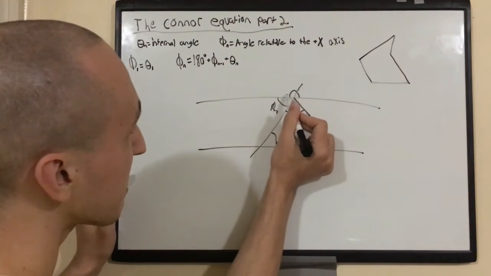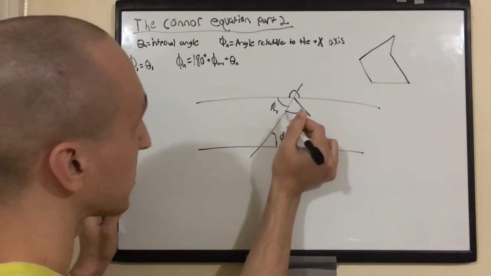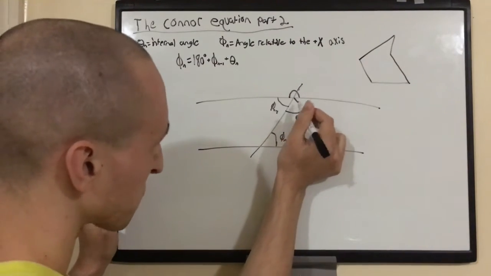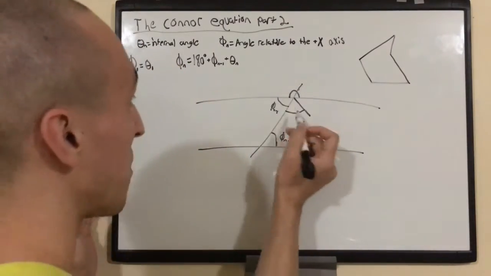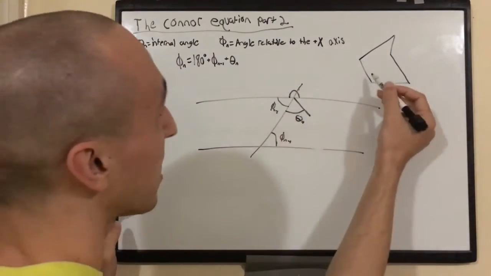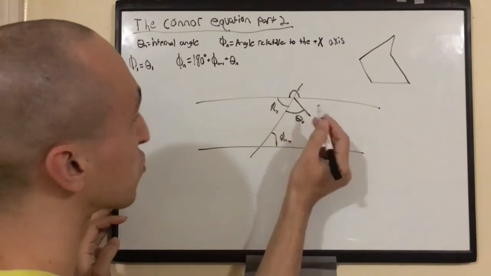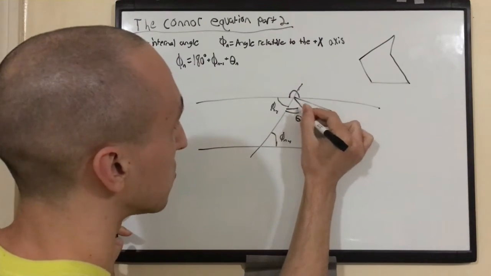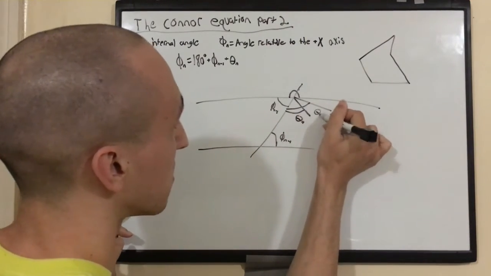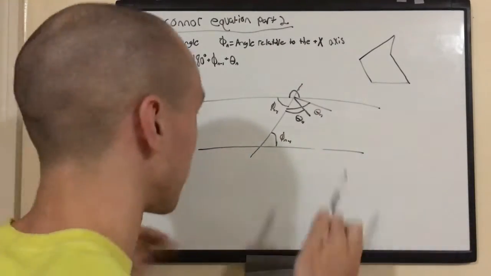Once you get to the line, this would be like SL, K minus 1, then theta, the interior angle, always connects one side of a polygon to another side. Whatever theta n is, there could be a bigger angle. You just add it. It's as simple as that.